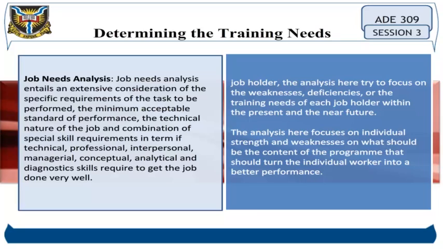Person needs analysis. The emphasis here is on the person, the job holder. The analysis here tries to focus on the weaknesses, deficiencies, or the training needs of each job holder within the present and the near future. The analysis here focuses on individual strengths and weaknesses, on what should be the content of the program that should turn the individual worker into a better performer.